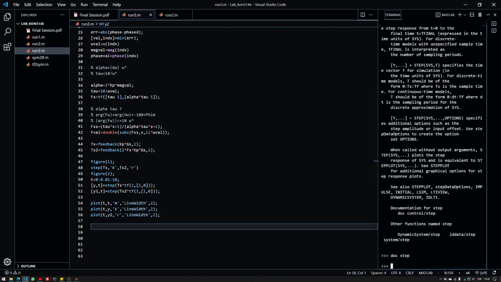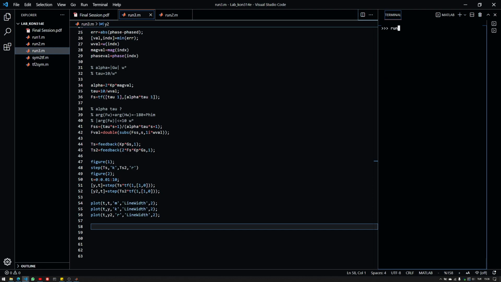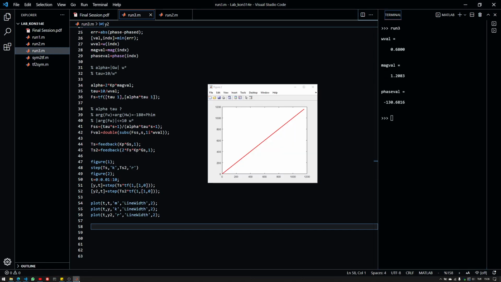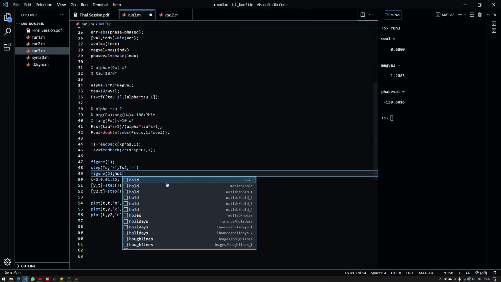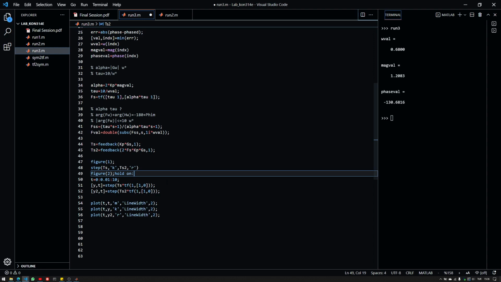And that's basically it. Maybe grid on and hold on should be helpful here. Hold on, grid on, CLF also.